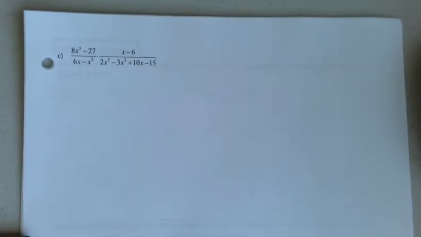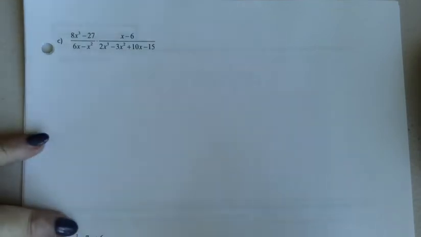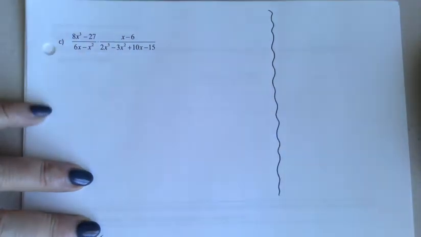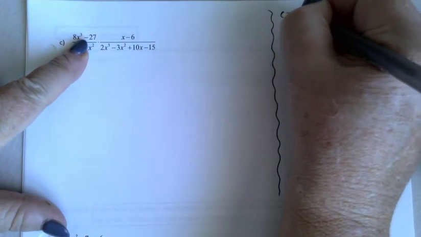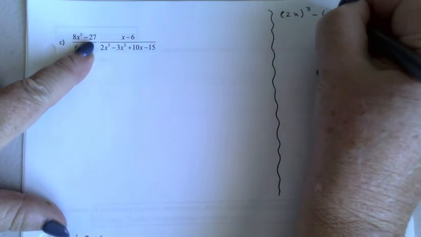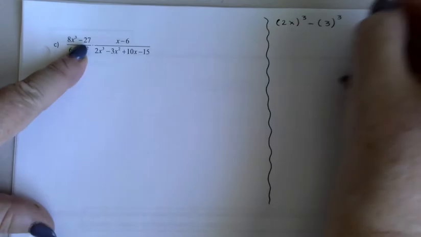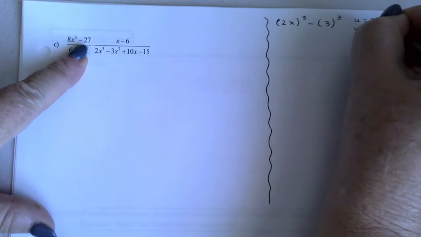In C, it's already multiplication, so I'm just going to go ahead and start factoring everything. And let's see, I'm probably going to need some space to do a little factoring, so let me do that over here. My x cubed minus 27. It's a difference of cubes, so I'm going to think of it as 2x to the third power, subtract 3 to the third power. So I have my u is 2x, and my v is 3.